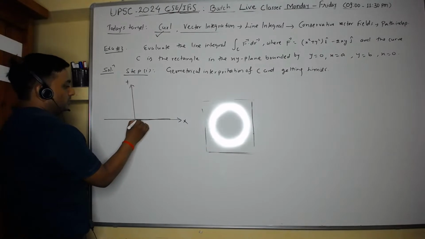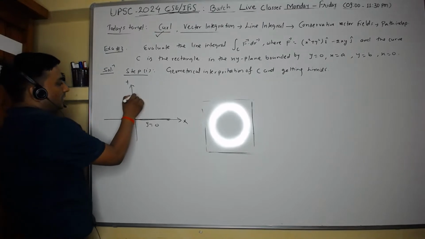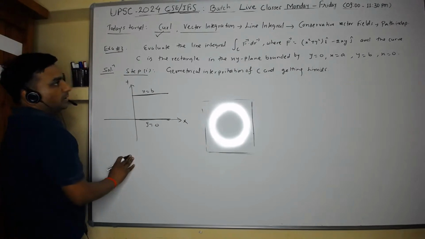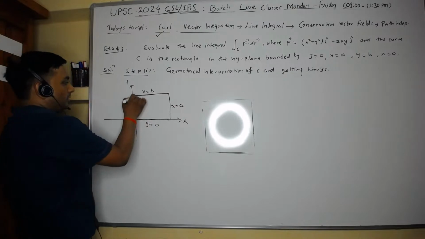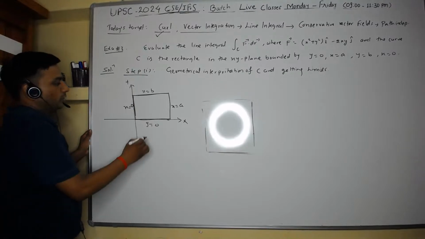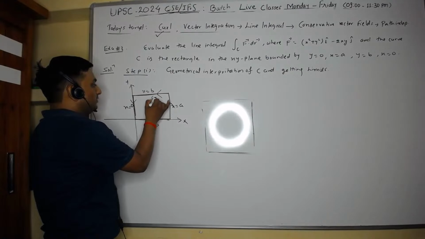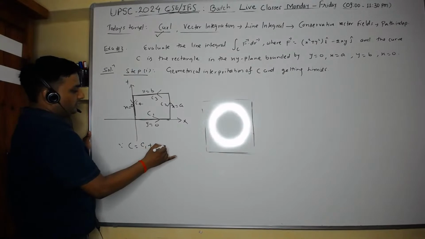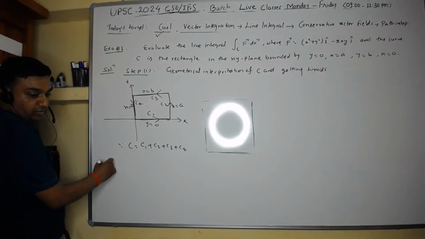So let's say this is y equals 0, and this is y equals b. And let's say this is x equals a, and obviously this is x equals 0. So if you are taking C as this, C1, C2, C3, C4, then C will be C1 plus C2 plus C3 plus C4, right? Okay Deepak, let me check it.